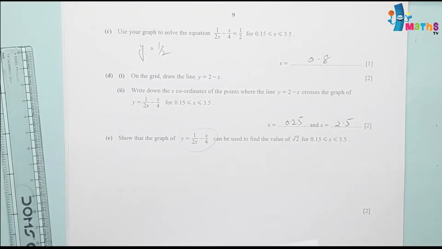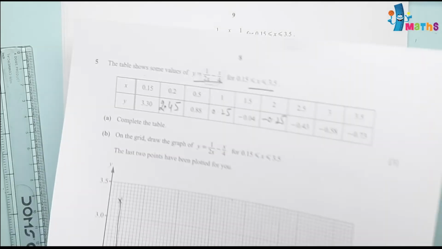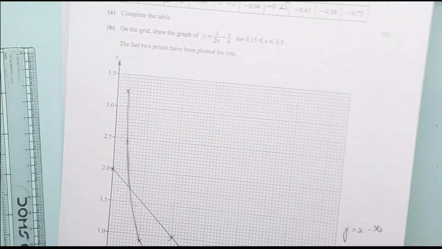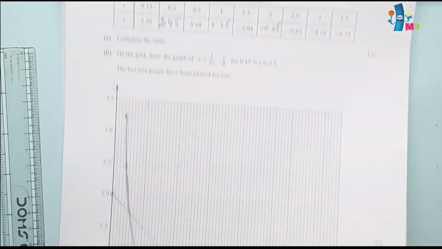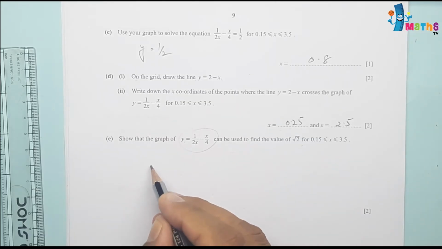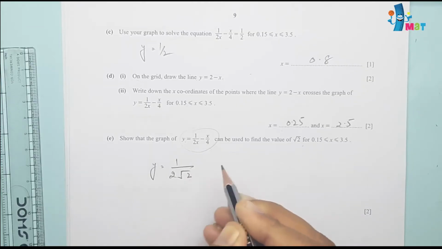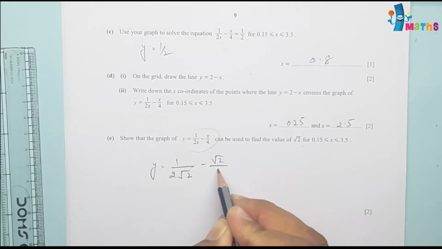So this one can be used to find the value of root 2. So how can we find the value of root 2? First we will replace this value. Under root 2, y is equal to 1 over 2 root 2 minus root 2 over 4.